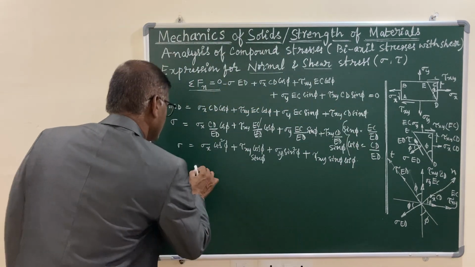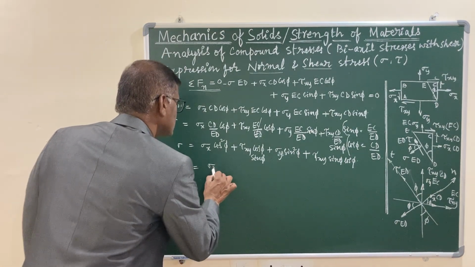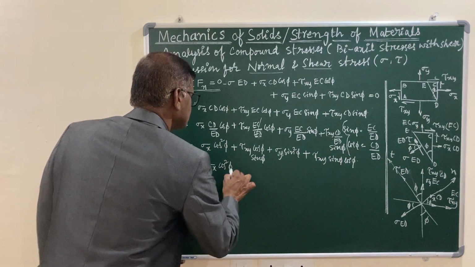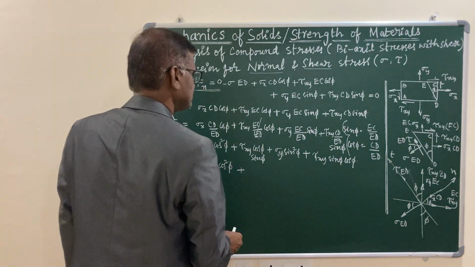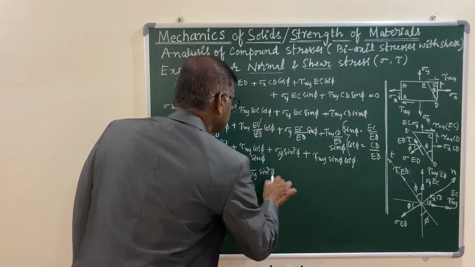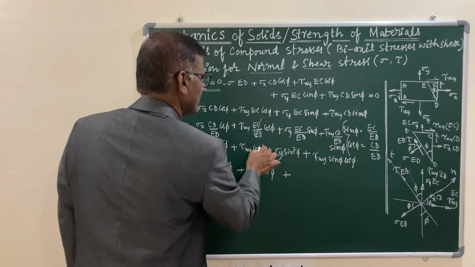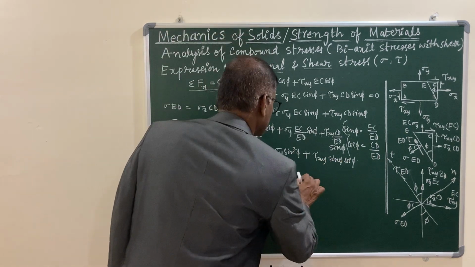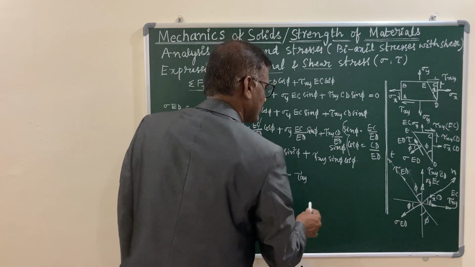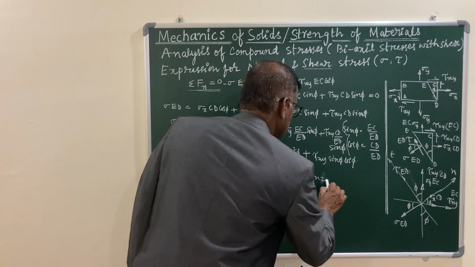Now let us simplify further. Write down here sigma x cos square phi plus sigma y sin square phi plus tau xy sin phi cos phi, tau xy sin phi cos phi. This becomes tau xy 2 sin phi cos phi is sin 2 phi.